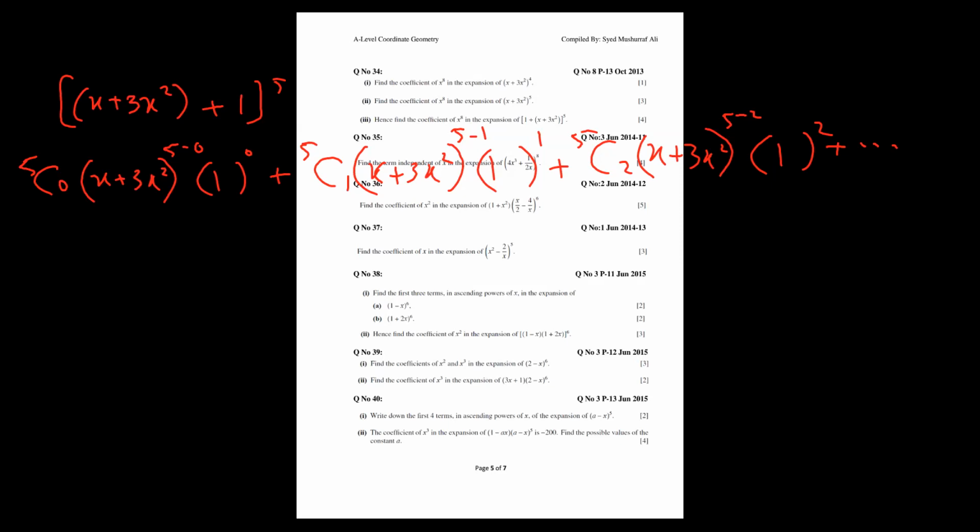So both are 1. So I have this question, Alhamdulillah. And 5c1 is 5, all of you are familiar. And this is 5 minus 1, so 4 comes. So (x plus 3x to the power 2) to the power 4, and 1 to the power 1 is the same, 1. So 5c2 is 10, and this is (x plus 3x to the power 2).